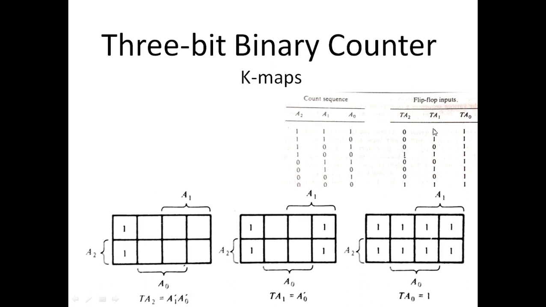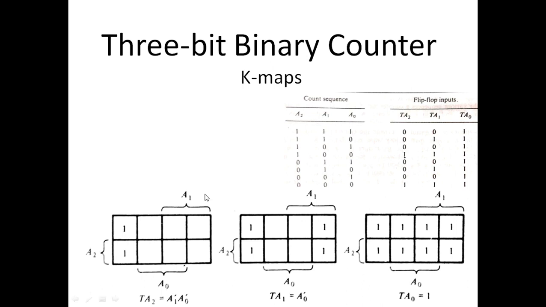Similarly, the Boolean equation TA1 can be simplified using K-map, and when we do that, we get 4 squares as 1. When we group them, these 2 squares can be combined with these 2 squares to form a group of 4 squares.